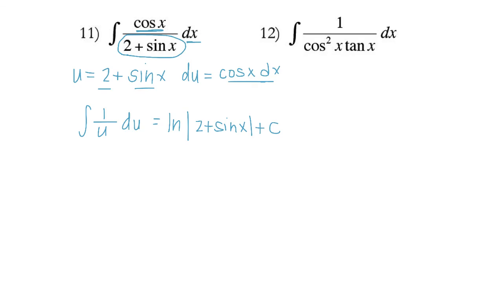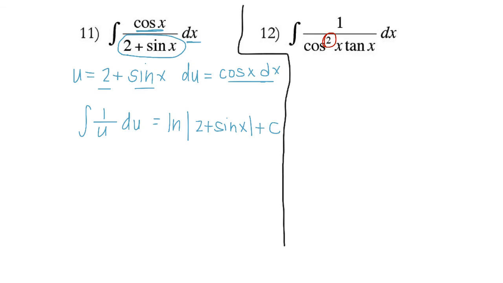And again, we have 1 over cosine squared tangent x. Well, again, kind of the same idea. Let's break this apart and see what we can do with it. All right, and this one's going to be kind of tricky. What's giving this problem away is that cosine squared x.